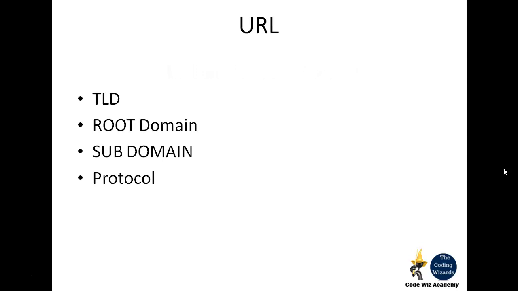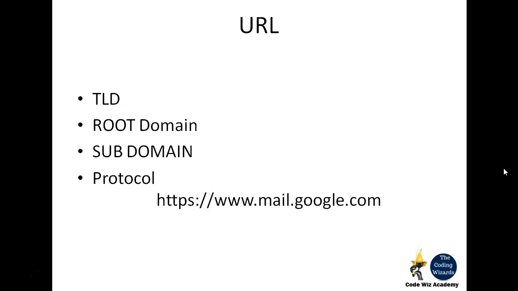Now, what is a URL? A URL is Uniform Resource Locator. What all does it include? It includes the TLD. Starting from the right of the URL comes the TLD. Then towards the left of the TLD is the root domain. Towards the left of the root domain is the subdomain.